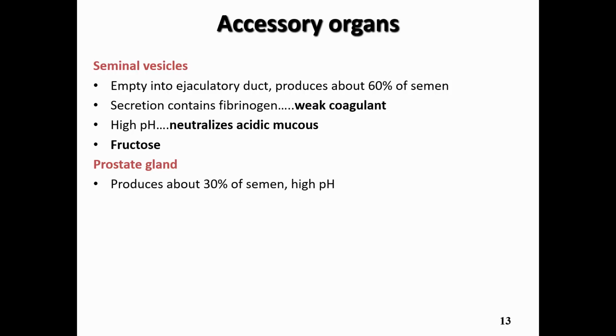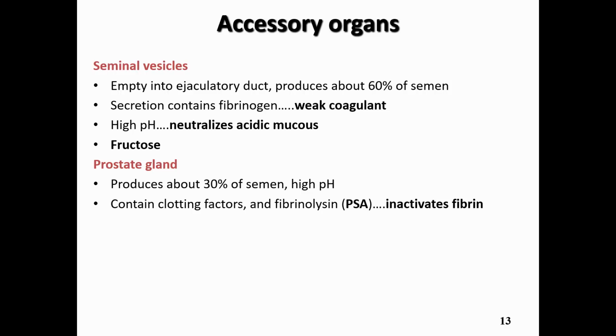The prostate gland is the next gland that the secretions move through, and it contributes further secretions, which is about 30% of semen. As you can see here, it also has a high pH, which means it's alkaline, and that functions to offset any acidic secretions that are part of that semen.